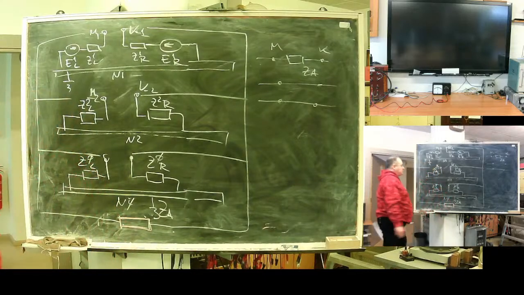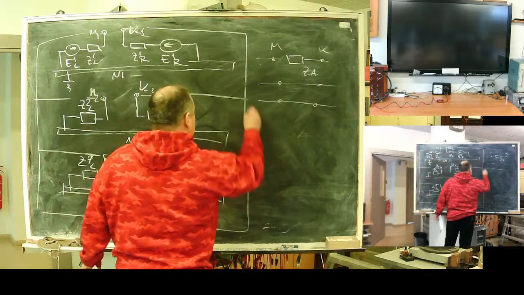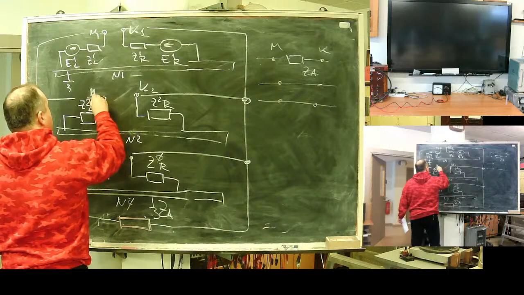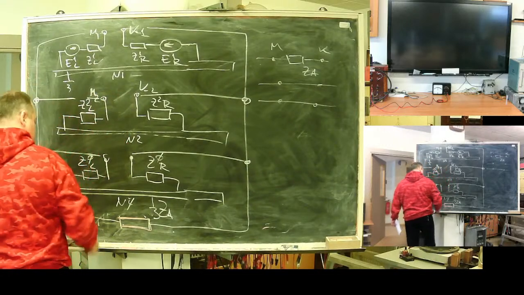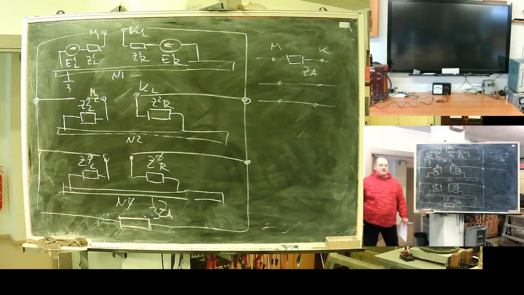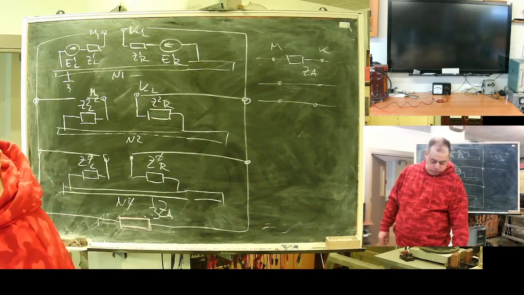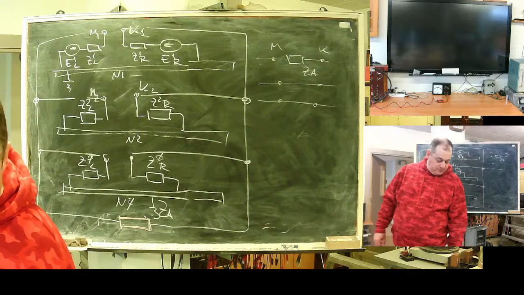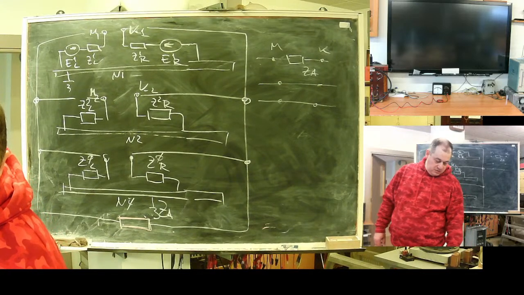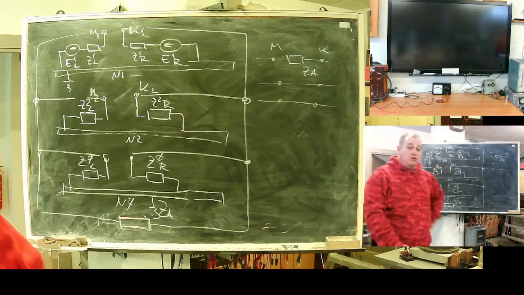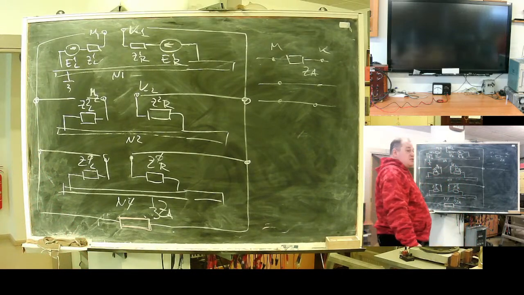This is your fault resistance. Here is the substitution network for Z, for the case you have resistance in one phase.